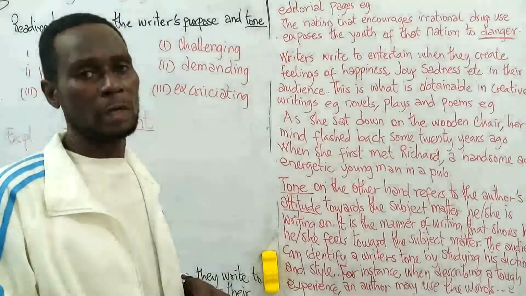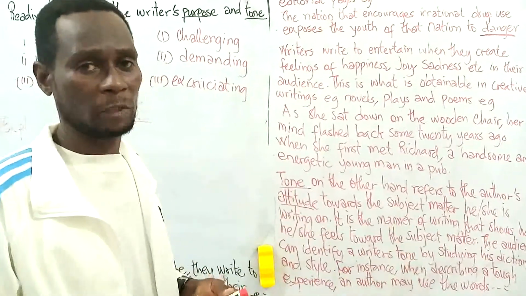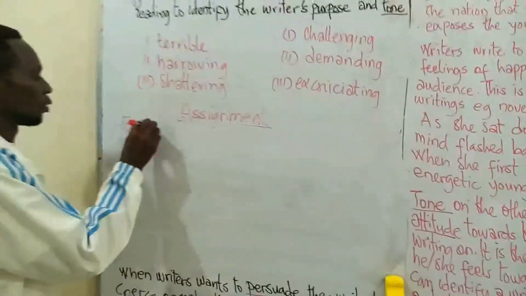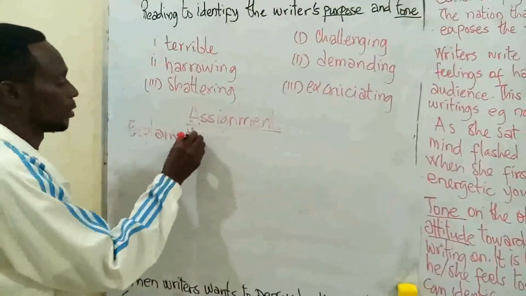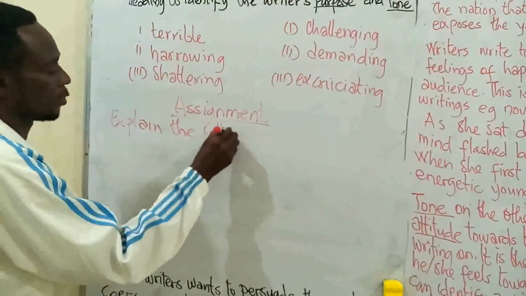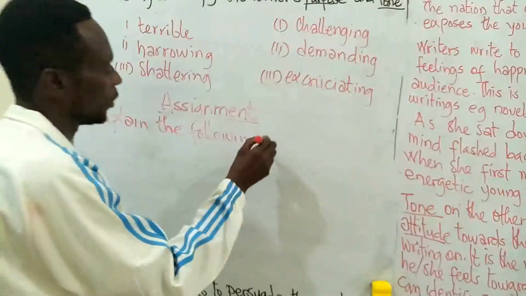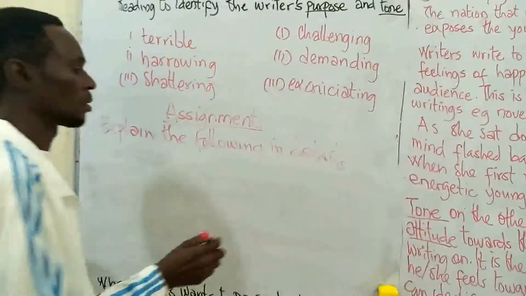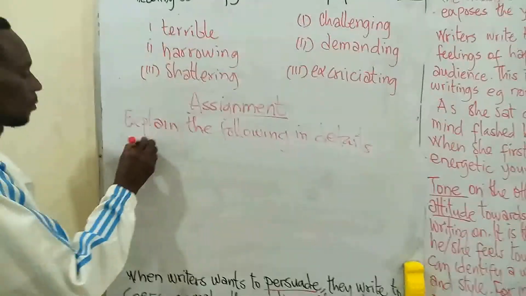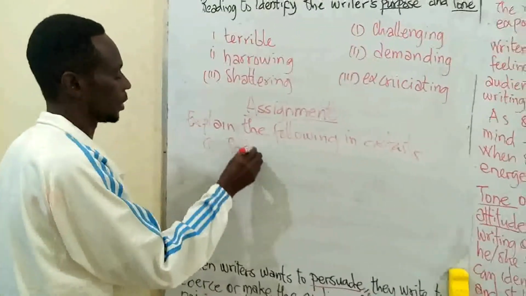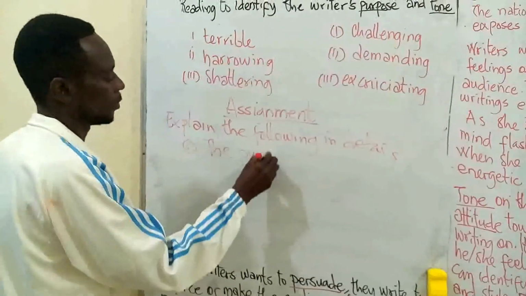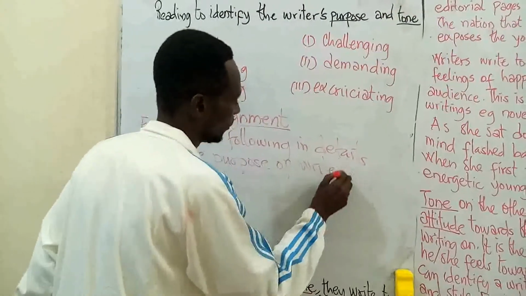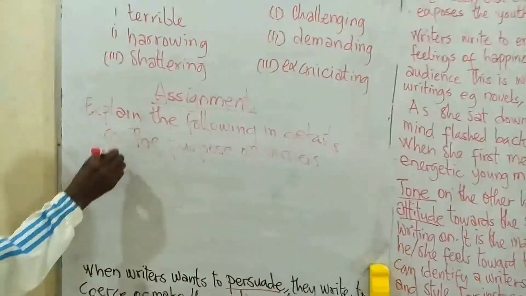All right, so I'm going to end it here by giving you this small assignment to do. Explain the following in details. 1. The purpose of writers. 2.